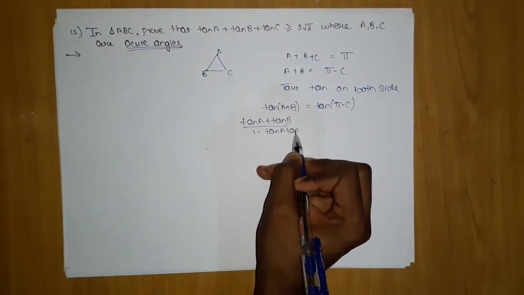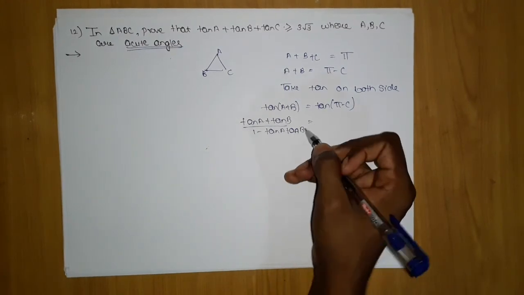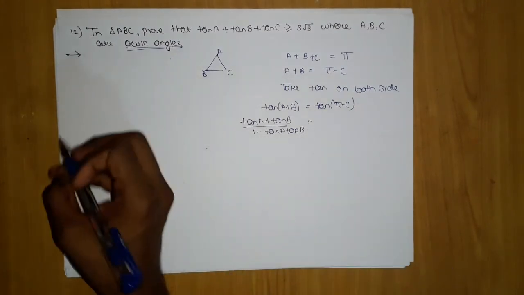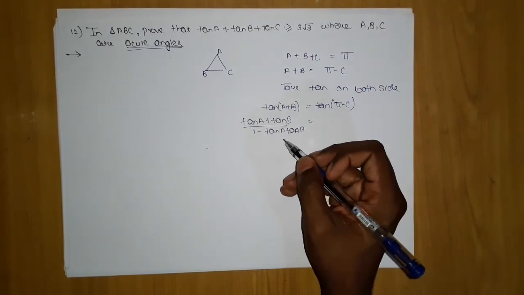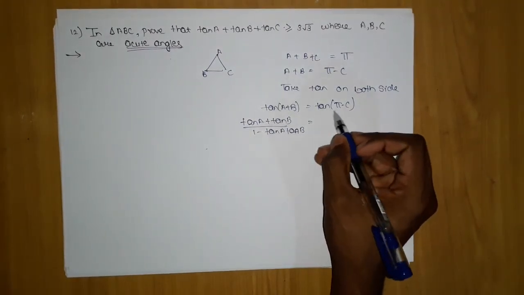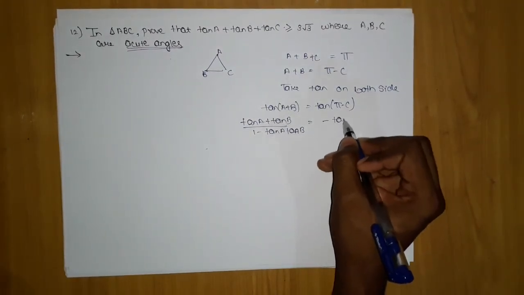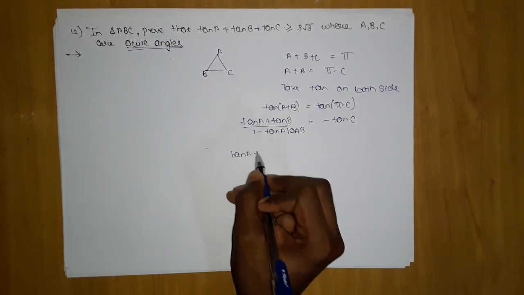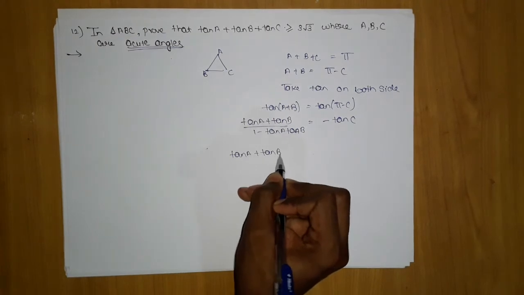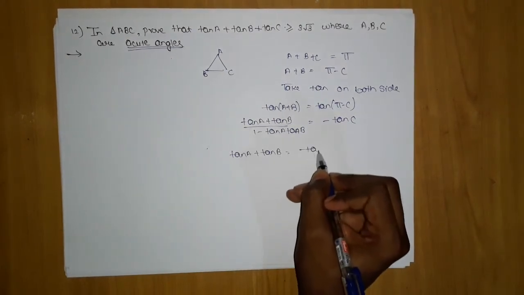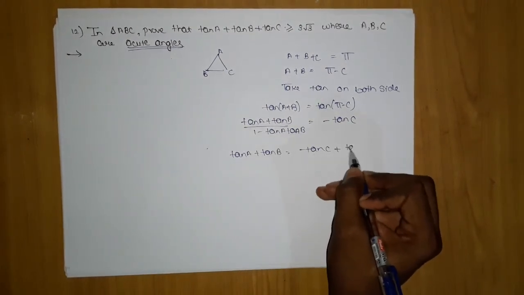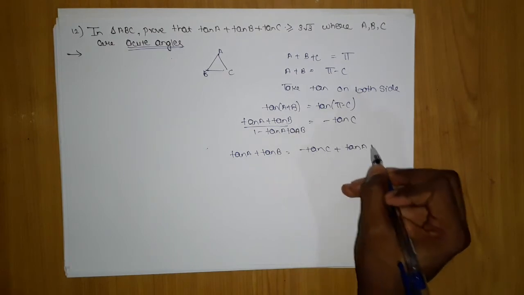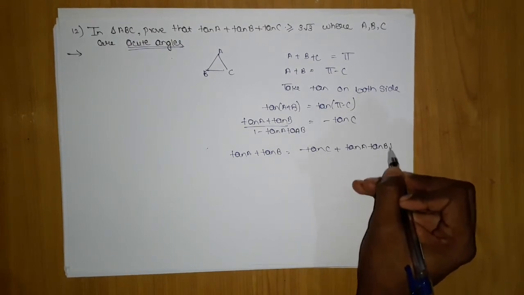The formula, I have not taught since trigonometry, so you just remember: tan of A plus B is tan A plus tan B upon 1 minus tan A into tan B, and tan of pi minus C is minus tan C. Which gives you tan A plus tan B is equal to minus tan C plus tan A tan B tan C, on cross multiplying.